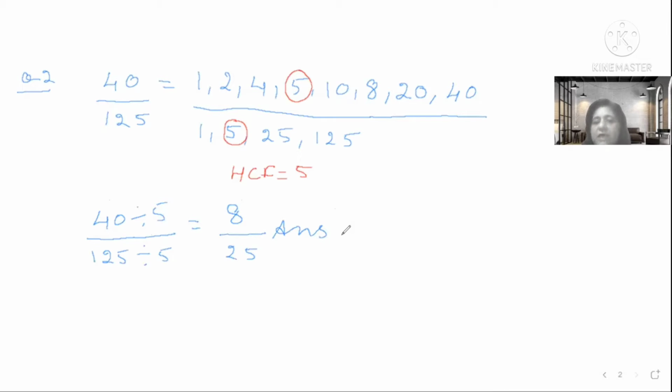What do we get? 40 divided by 5, we get 8. And 125 divided by 5, we get 25. So your answer is 8 upon 25. This is the lowest form or simplest form.